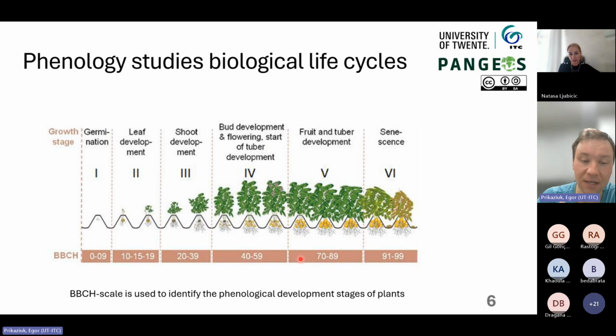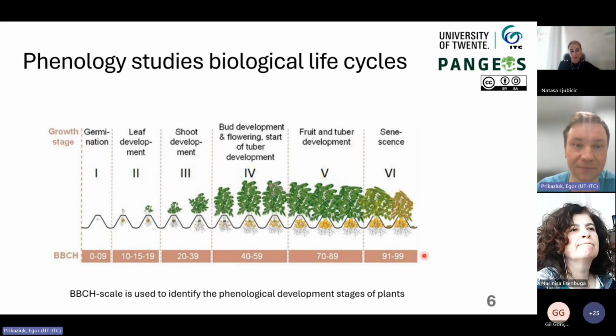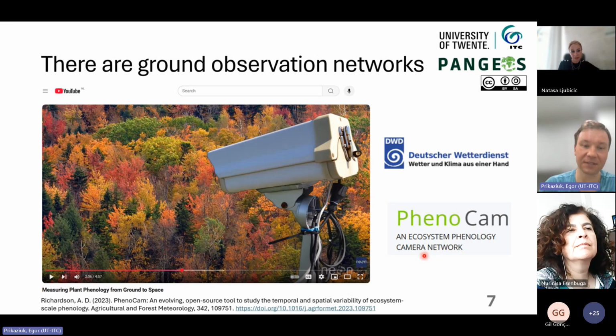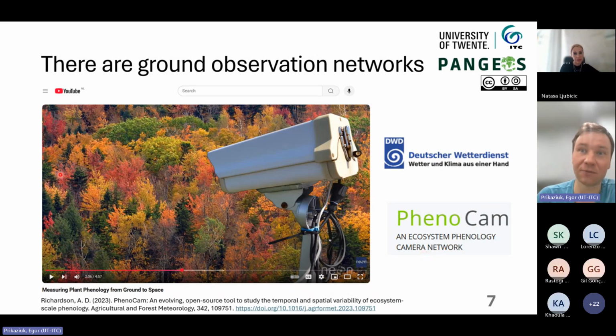At the bottom, you see the BBCH scale, which is a universal scale where numbers from 0 to 100 indicate the maturity rate of the plant, if you want. If we go from a single plant or a field to a larger scale, we will see the phenology of an ecosystem, for example a forest. And those networks exist.